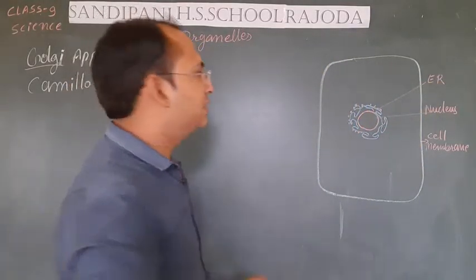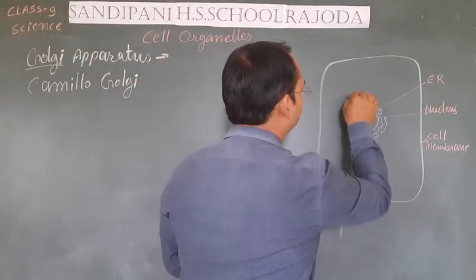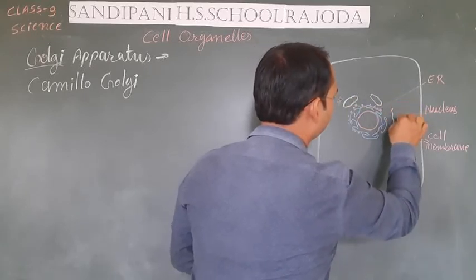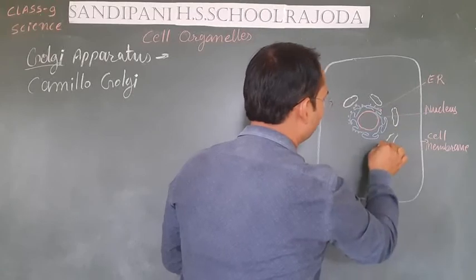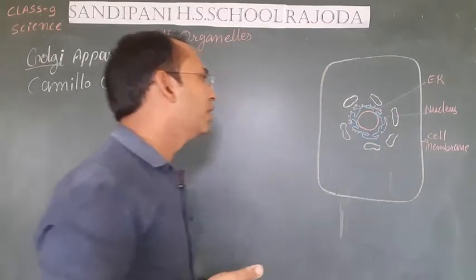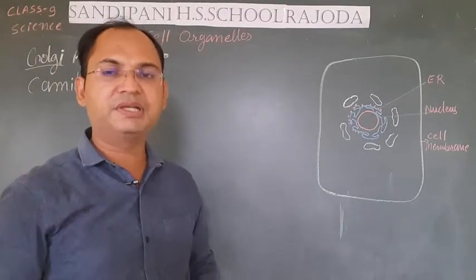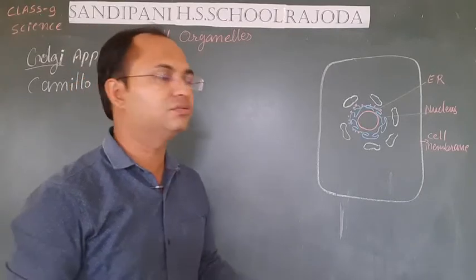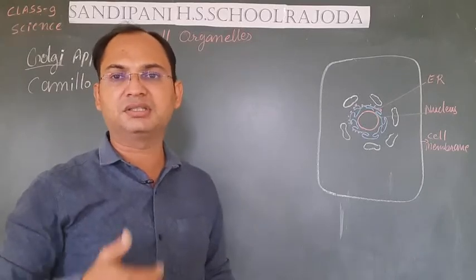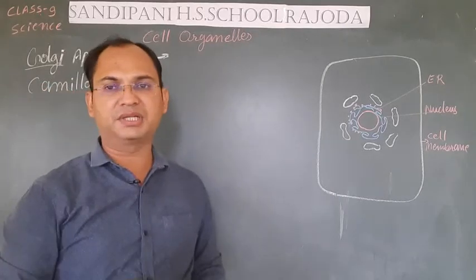Now this Golgi apparatus is present parallel and adjacent to the endoplasmic reticulum, and in some places the membrane of the Golgi body is also connected to the membrane of the endoplasmic reticulum in order to exchange substances and information between the Golgi apparatus and endoplasmic reticulum.